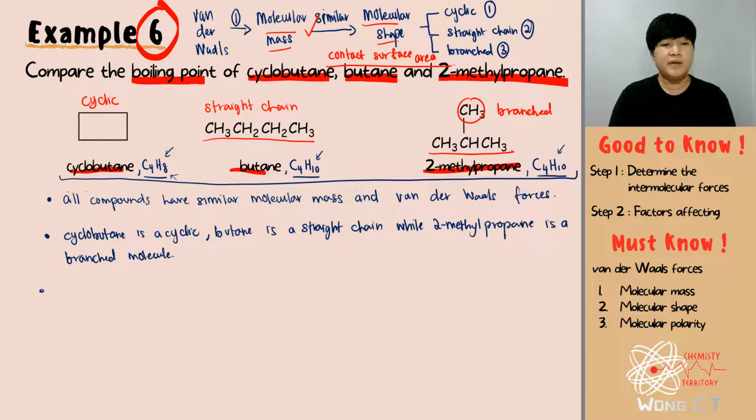And once you have mentioned the differences between them, we are going to discuss the differences, alright? And since we agree to use the factor affecting its molecular shape, therefore the main thing in molecular shape is the contact surface area. So discuss the contact surface area between cyclic, straight chain and branch molecule.